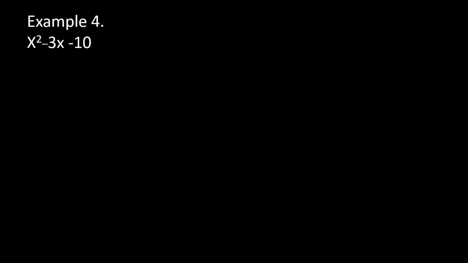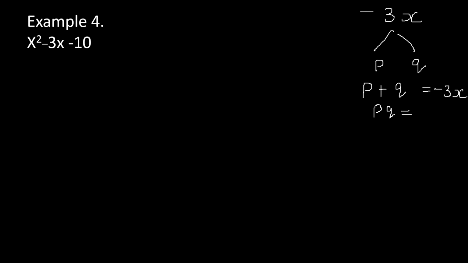In this example, there are two negative signs. The method is again the same. We have to write the middle term. Try to split it into two terms where the sum of these two terms should be equal to minus 3x. The product of these two terms should be the product of the first term and last term. With negative terms, you need to take care of the negative sign also. You have to consider it with them. Now think about the factors of 10.